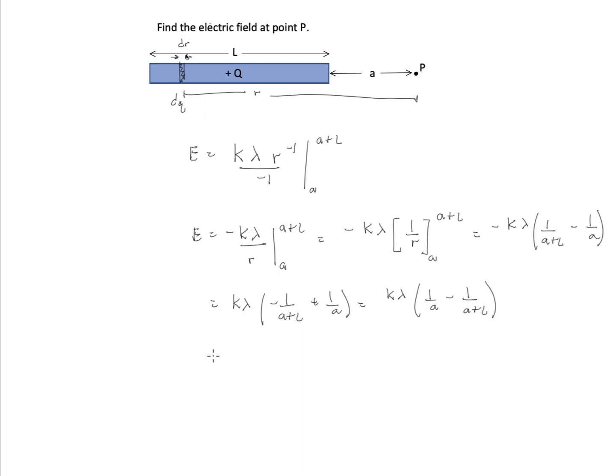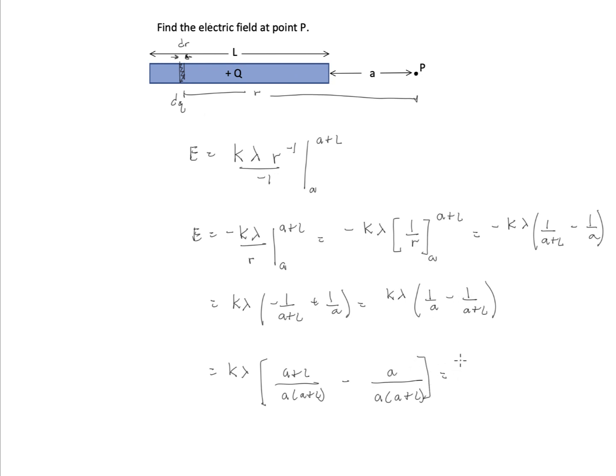So now we just need to find a lowest common denominator, which would be a times a plus l. So here I'd have a times a plus l, and that would mean I would need to multiply the top here by a plus l, and I would subtract, same thing over here, a times a plus l, and I'll have to multiply this numerator by a.